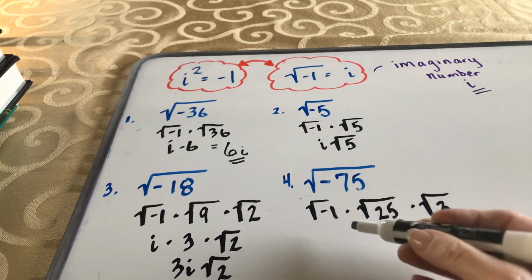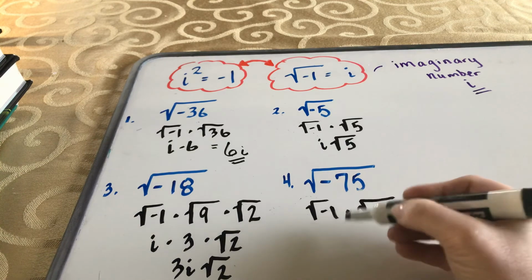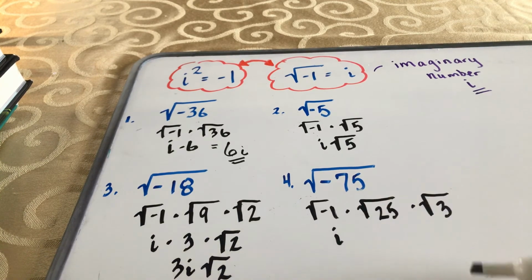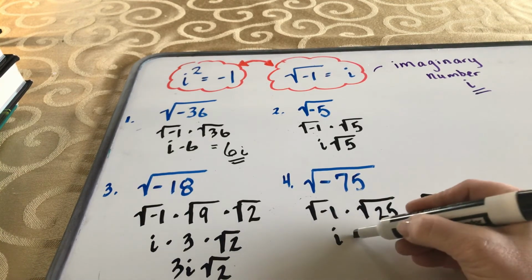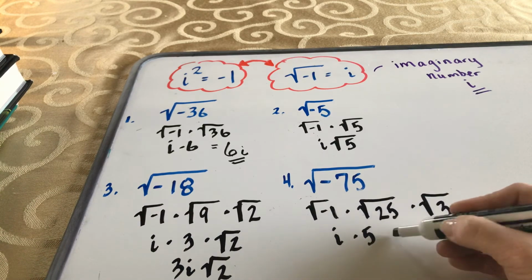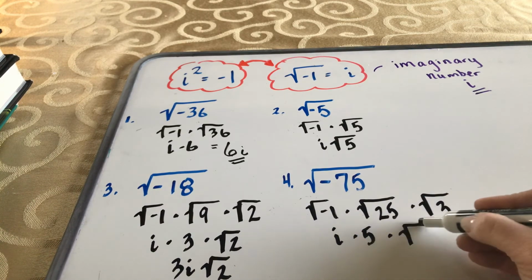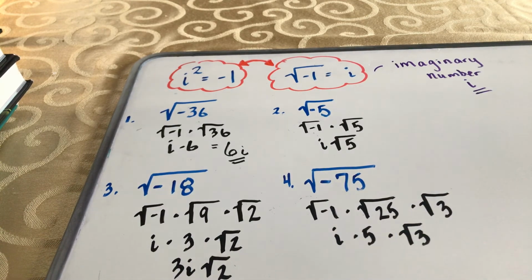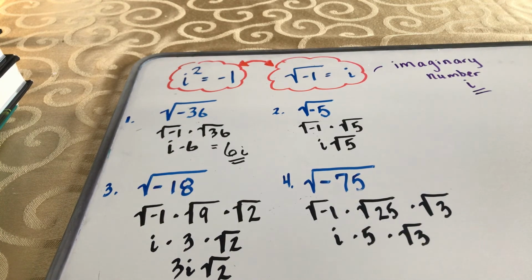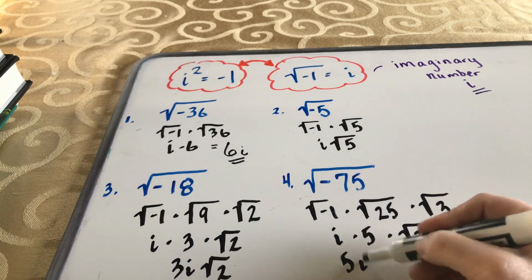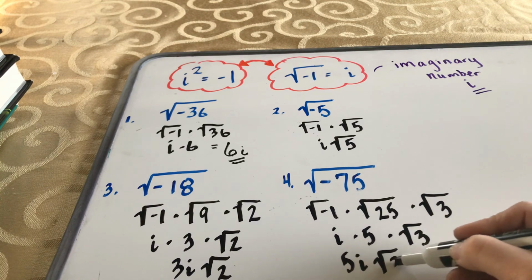Working our way down the line, the square root of -1, that's our i. The square root of 25 is 5. The square root of 3, can't do anything with that part. So my final answer: 5i times the square root of 3.